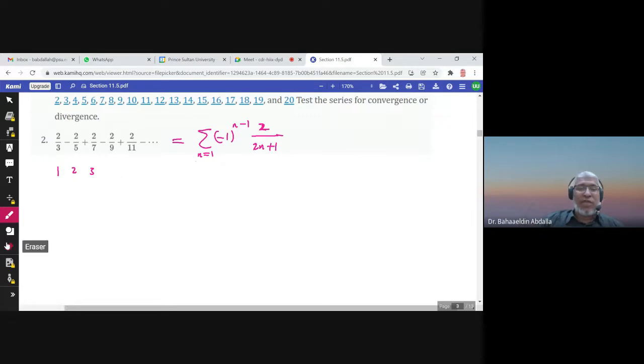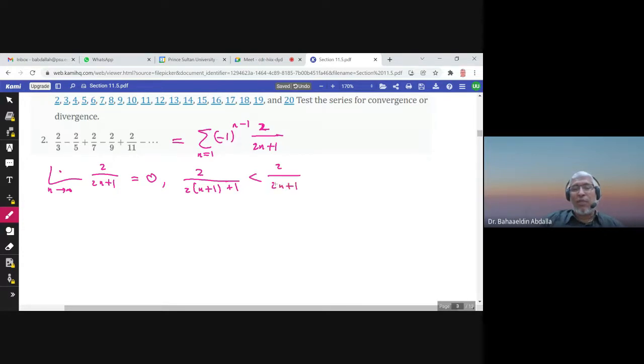So this is the series, and this is an alternating series. Let us consider Bn. What is the limit of Bn? Bn is 2 over 2n plus 1. When n goes to infinity, 2 over infinity is 0. And if you replace n by n plus 1, this is of course less than this one, because the denominator here is greater than the denominator here.